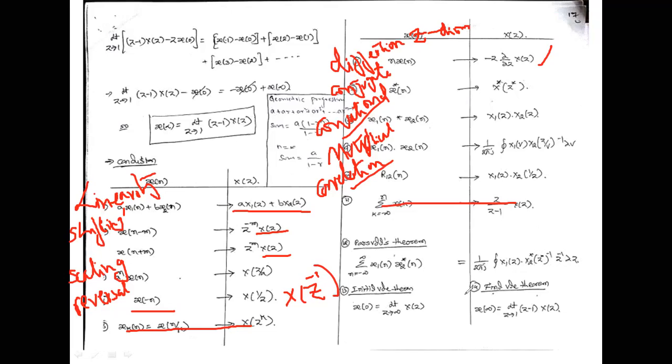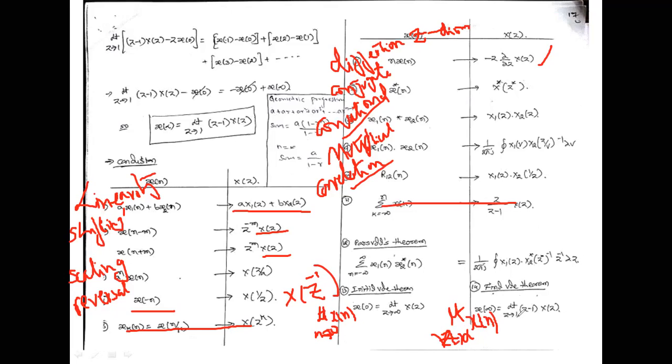Correct. And the initial value theorem and the final value theorem. Initial value theorem says that limit n tends to 0 x of n is equal to limit z tends to infinity X of z. And the final value theorem says that limit n tends to infinity x of n, limit z tends to 1, not 0, my students.